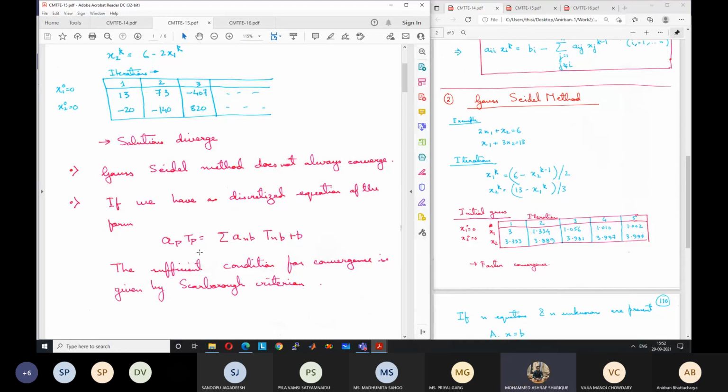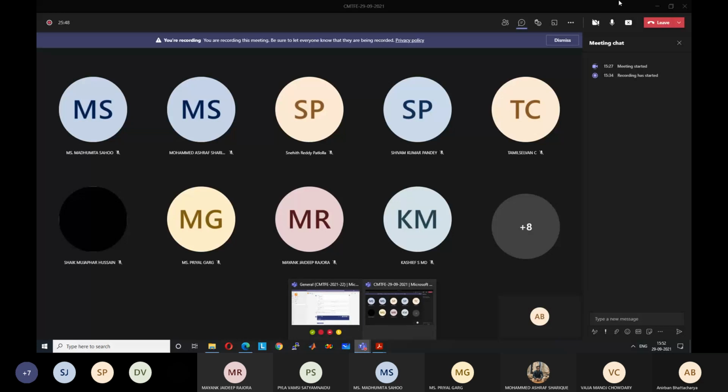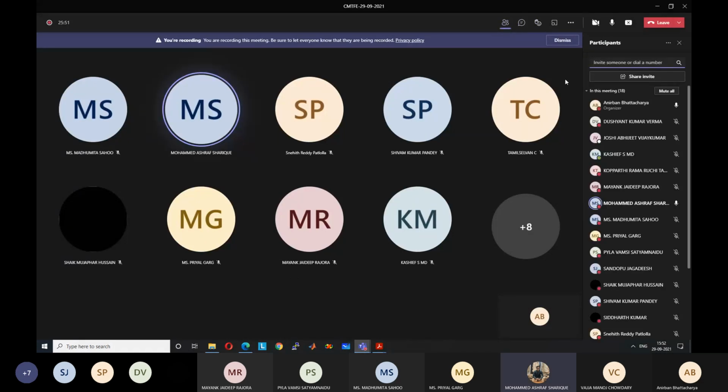Sir, I can't see the notes of what you are teaching. Others also cannot see? I can see only the old notes. What are other students seeing? Which page are you seeing? That APTP is written, that is the correct one. Who was not able to see? I can't see APTP. What is your name? Ashraf, sir.